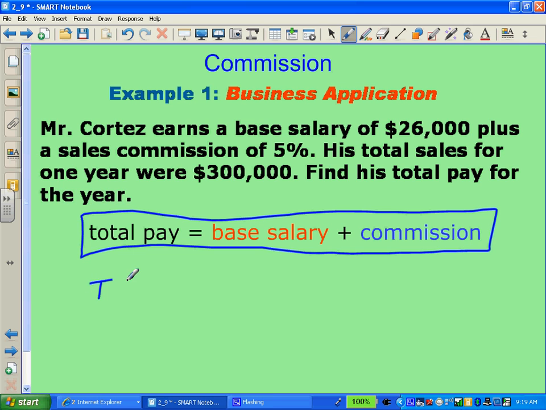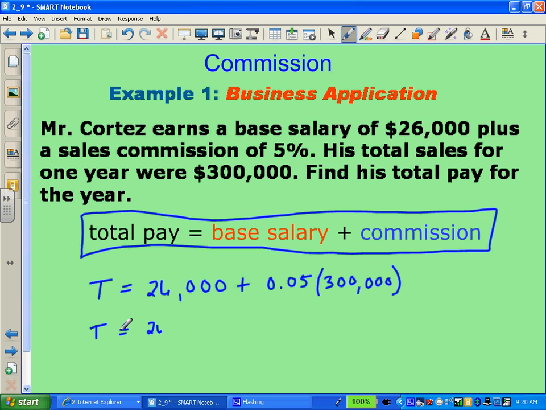So we're looking for the total pay. We're just going to call that T. We know that his base salary is $26,000, so let's add that in. Now to calculate his commission, we know that he gets 5% of his sales, $300,000. So we're going to take 5%, change it to a decimal, of course, and multiply that by his sales. That's going to tell us what 5% of 300,000 is, which would equal his commission.